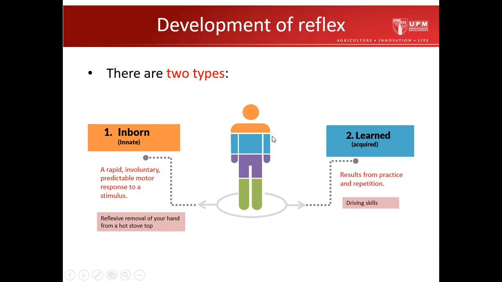Okay, so the first one is the development of reflex. There are 2 types. Number 1 is the inborn or innate reflex. This involves a rapid, involuntary and predictable motor response, for example, touching a hot pot, just like what we discussed earlier.